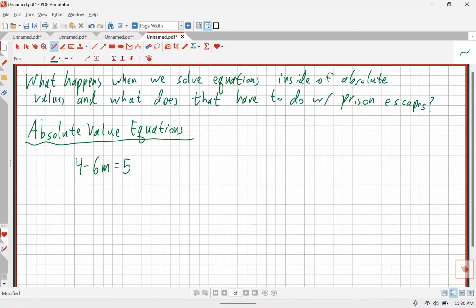Oops, sorry. Can I get you guys back? 4 minus 6m equals negative 5. Change that 5 to a negative and give that a try instead. I was going to say, that's not going to come out very nice.